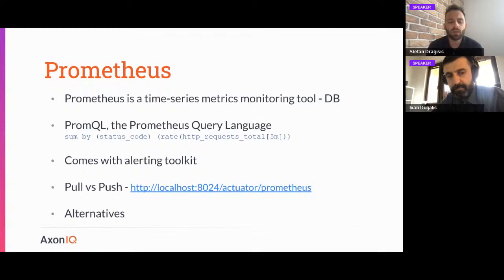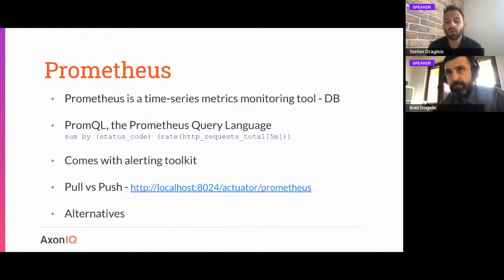And also I need to mention there are differences between these time series databases. They are pull and push databases, and the Prometheus is the pull database. That means that Prometheus needs to be aware of your application that is exposing metrics. So for example, it needs to be aware of this actuator Prometheus endpoint. So it needs to know where is your application deployed, and it will basically scrape these metrics for interval that you set, for example, 15 or 30 seconds.